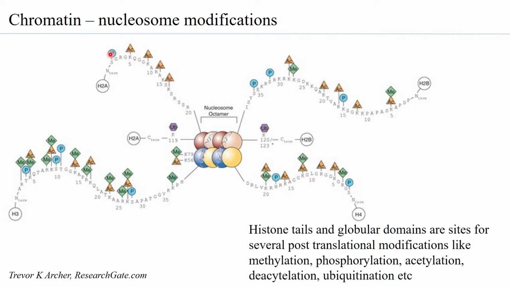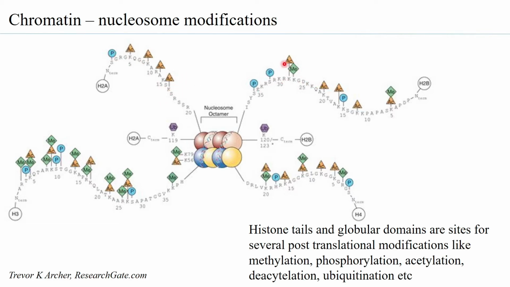And this code can be recognized by several other different proteins. So they can come and bind to this specific histone code. Now, if you alter the histone code, so for example, you remove the phosphorus from here, and you remove an acetyl group also from here, and you are left with only three acetyl on these respective lysines, then that becomes another code.